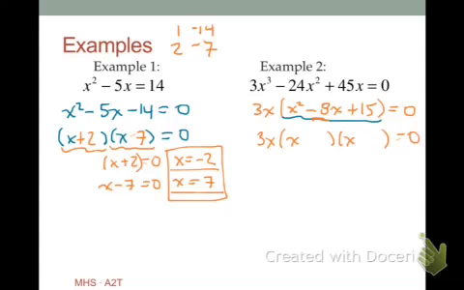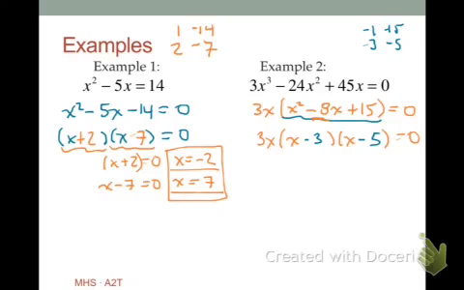We got 1 times 15, or negative 1 times negative 15, I should say. That will multiply to 15, but it's not going to add to negative 8, so that's not going to work. Let's try negative 3 times negative 5. That will multiply to positive 15, and it will add to negative 8, so that's it. I just found it. So x minus 3 and x minus 5.